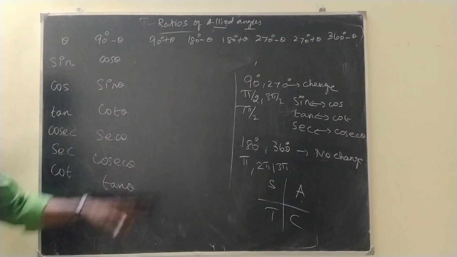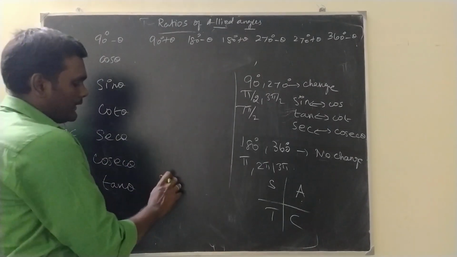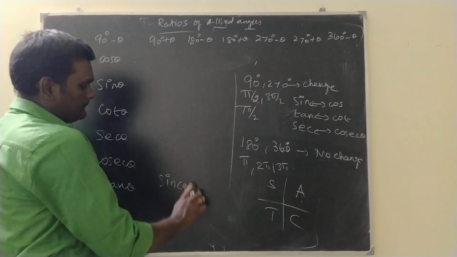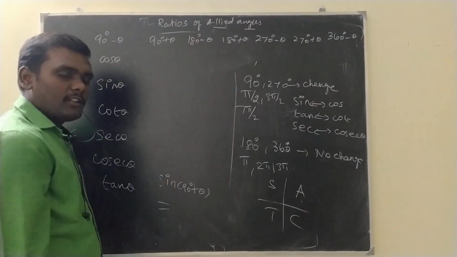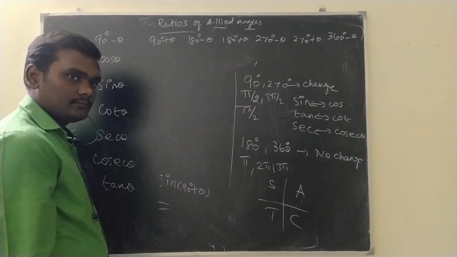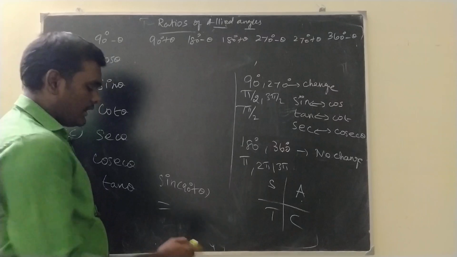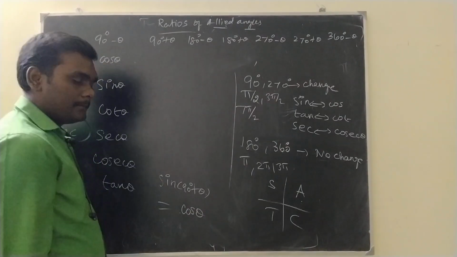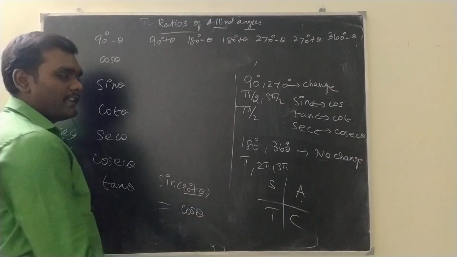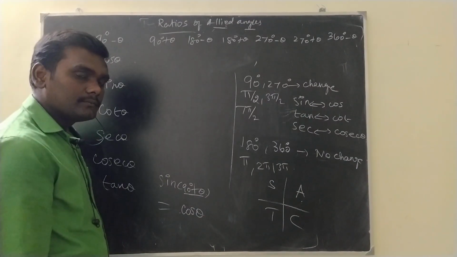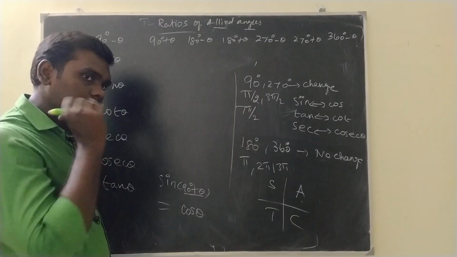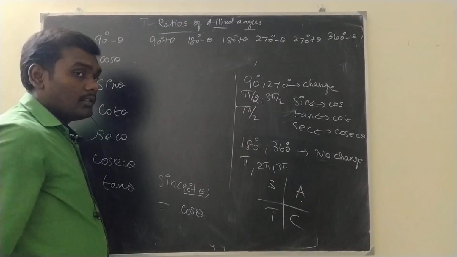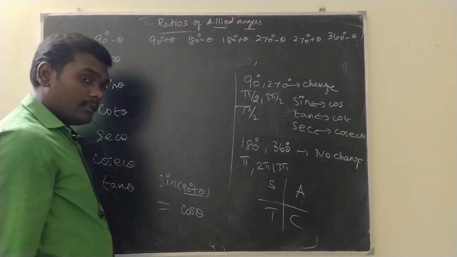Now, very important thing you see. Sin 90 degree plus theta. That is 90 degree. Change or no change? Change. So it will change as cos theta. This 90 degree plus theta lies in which quadrant? Second quadrant.